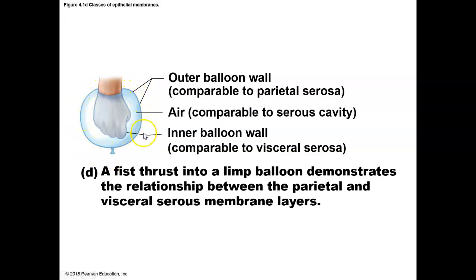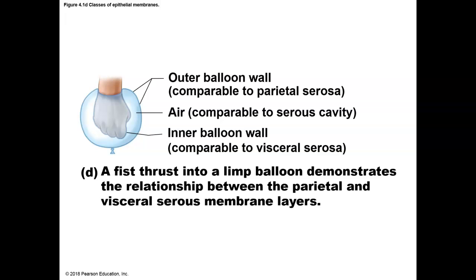It surrounds the body cavity itself. The inner layer of that same balloon is what lines the actual organ. So that would be the visceral layer. And then inside that water or air, depending, is going to be similar to the serous fluid that we contain.